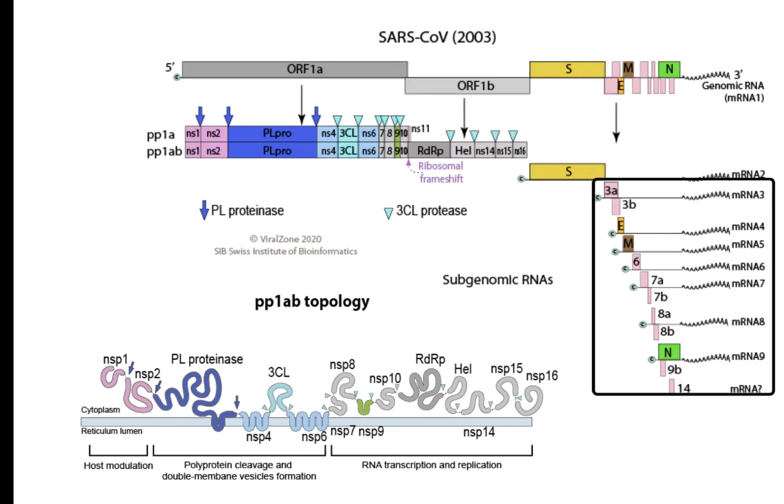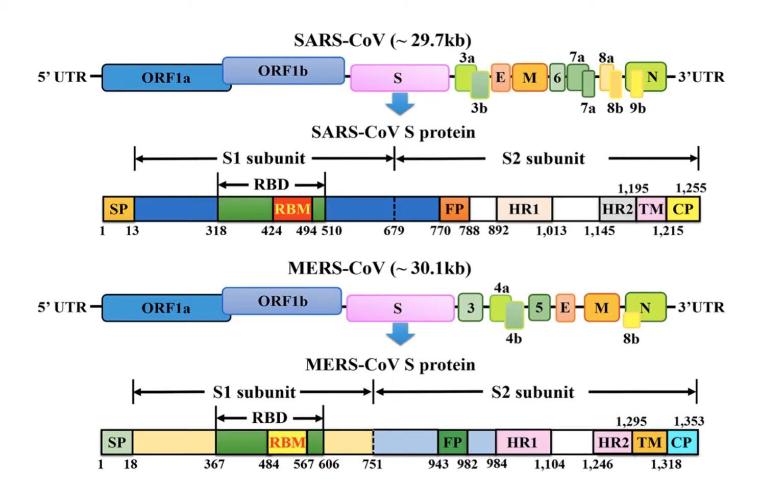Here's a different view of the genome of SARS-CoV and MERS-CoV. Similar to each other, but with some differences, and there's a special emphasis on the spike glycoprotein here. There are two subunits, S1 and S2 in each case, and on the amino end there's a signal peptide, which associates the protein with the endoplasmic reticulum and Golgi.